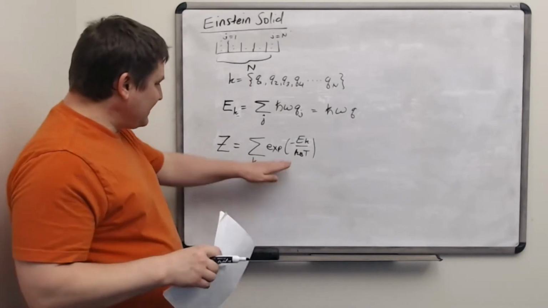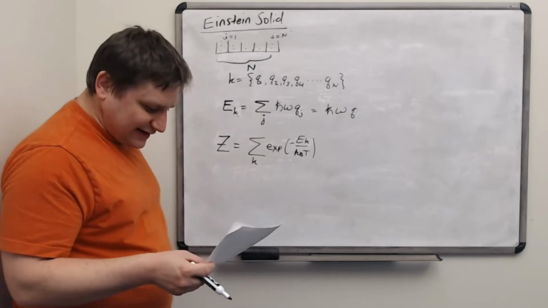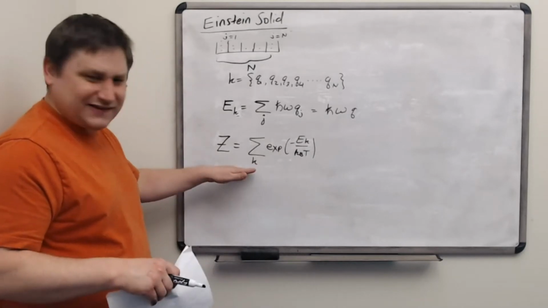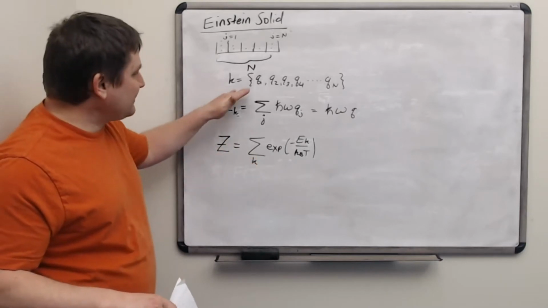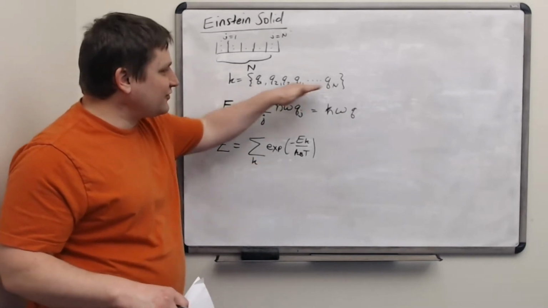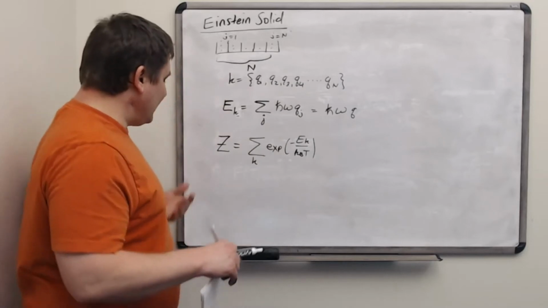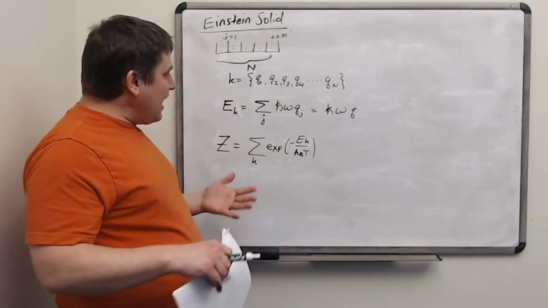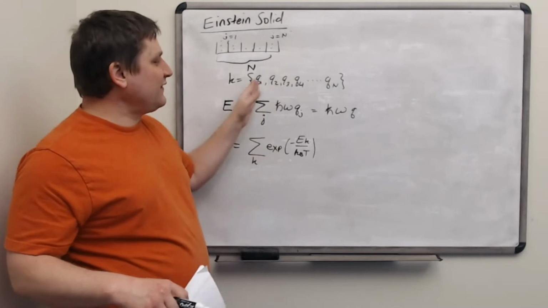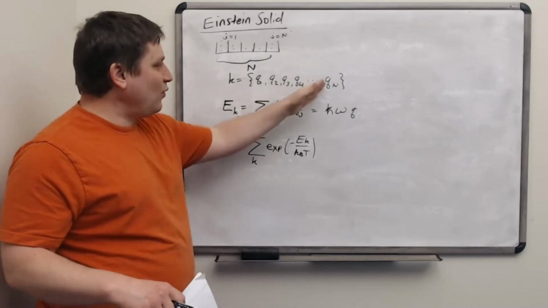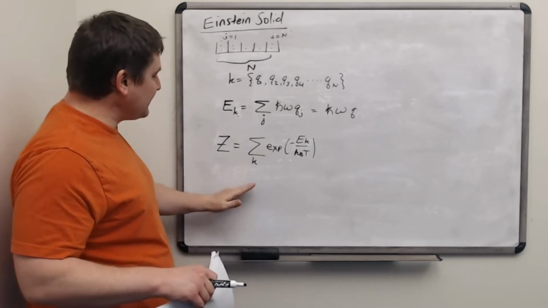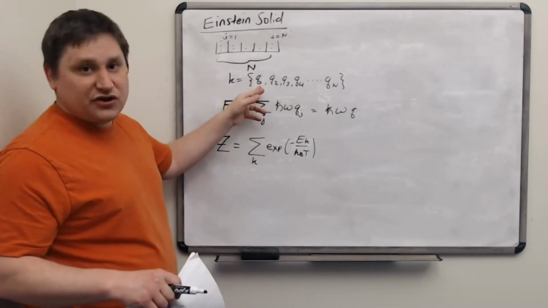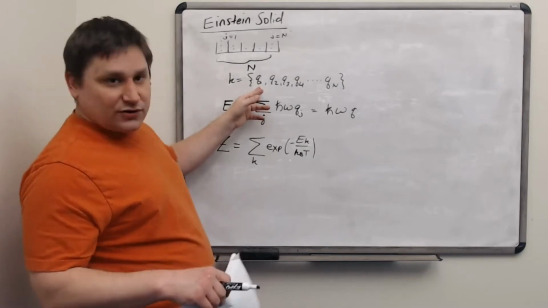Okay, so this exponential here in this sum, now it takes a little bit of thinking to see what it means to sum over all microstates when each microstate is defined by a large set of integers. Well, every different possible combination of integers from slots 1 to n is a unique microstate, right? So what we really can do here is we can say, well, the value for q1 could range from 0 to infinity.